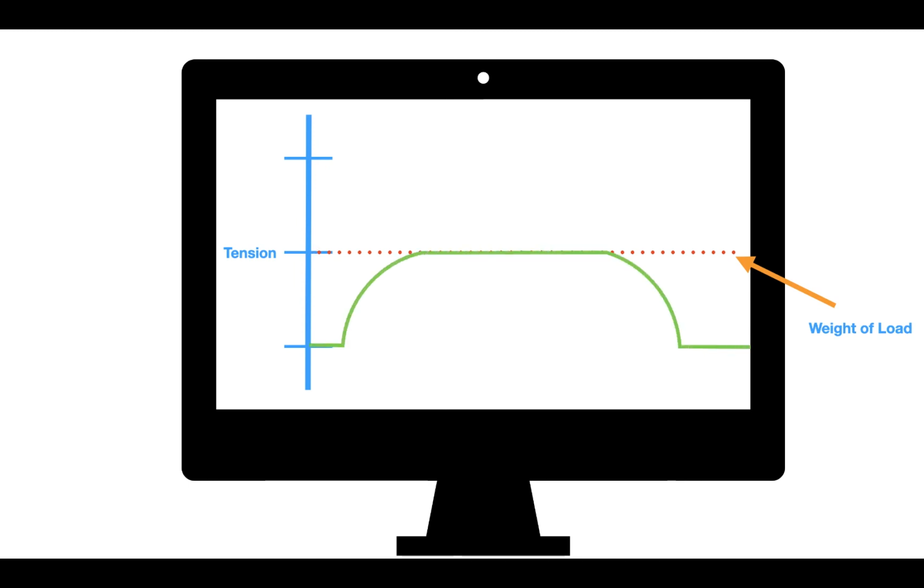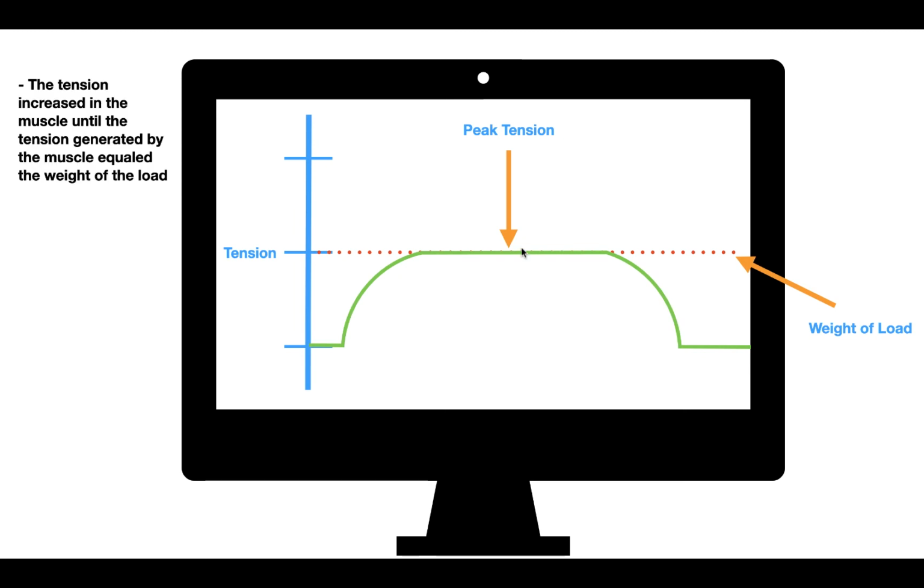So this graph right here shows us the amount of force that was generated by the muscle during the contraction. And what we see is that the contraction starts around here, and the tension generated by the muscle gradually increases until it gets to this point, the peak tension. So the peak tension is the point at which the tension generated by the muscle is equal to the weight of the load.